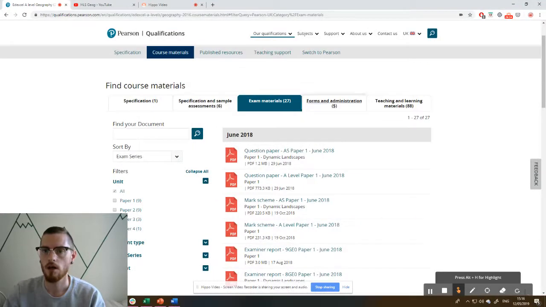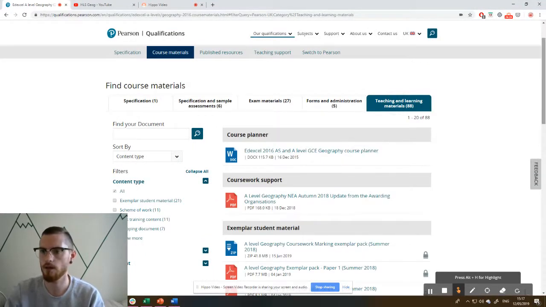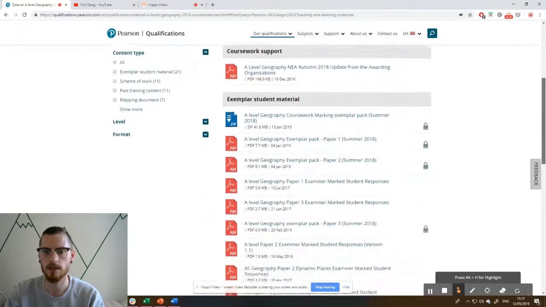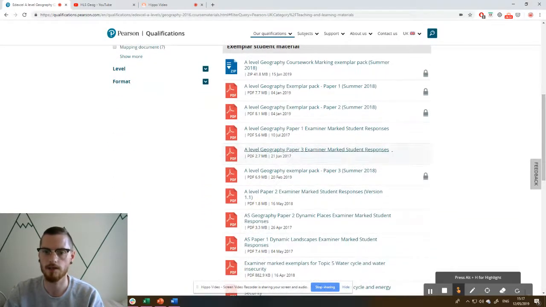available. If we come across to teaching and learning materials, it is within here where we can find useful documentation that you have been provided in class, but you may want to re-find. This is where we can find, for example, for the paper I'm talking about, paper 1 and 2, A-level geography, paper 1, examiner marked student responses.